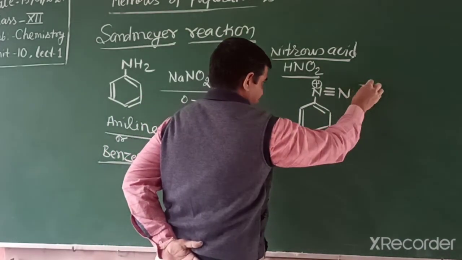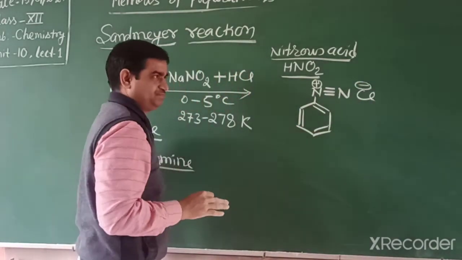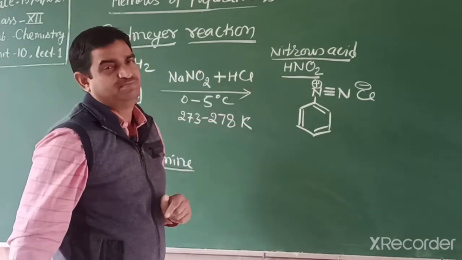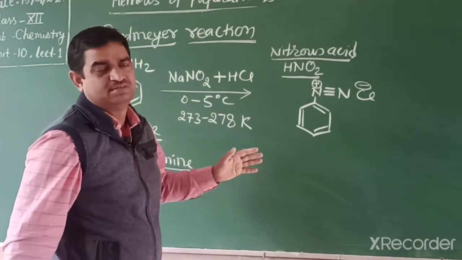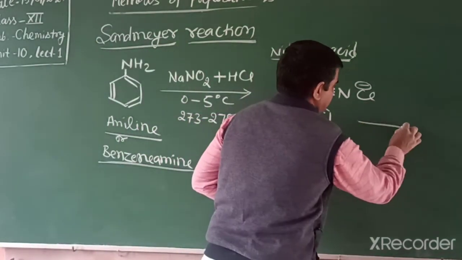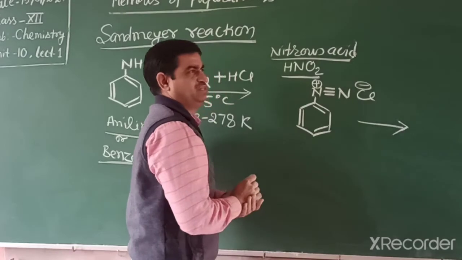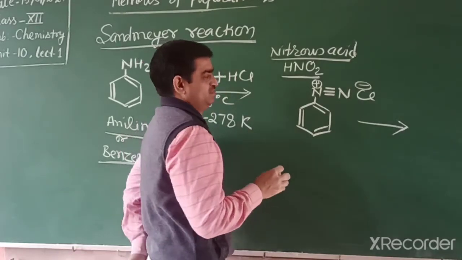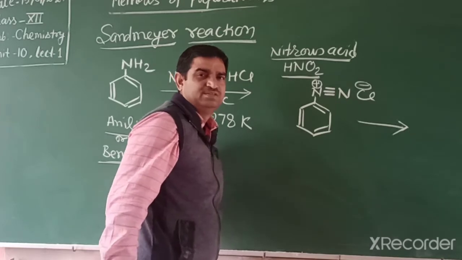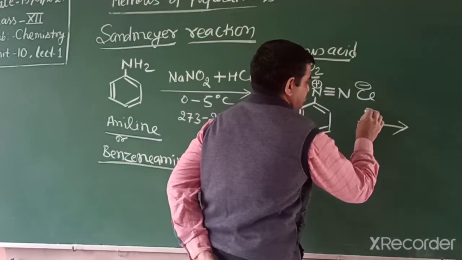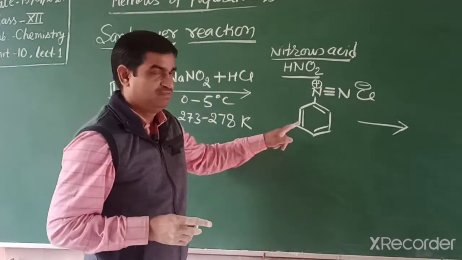This salt is highly reactive, and easily we can prepare further the aromatic halide. Means how can this benzene diazonium chloride further react with cuprous halides? What is cuprous?